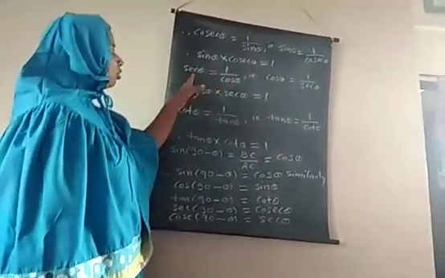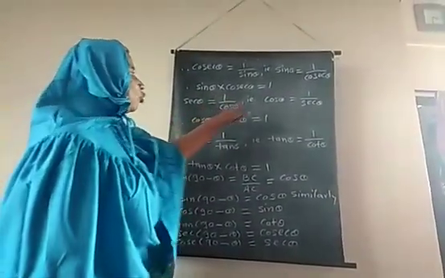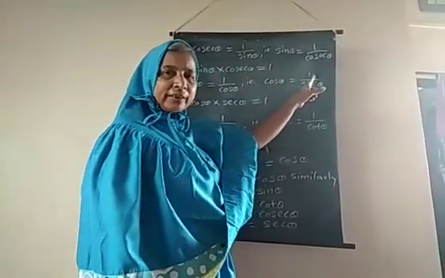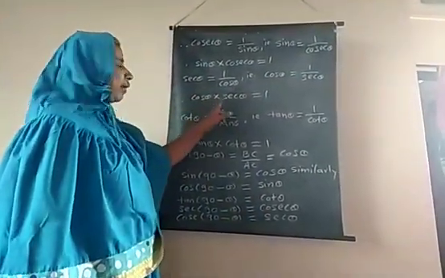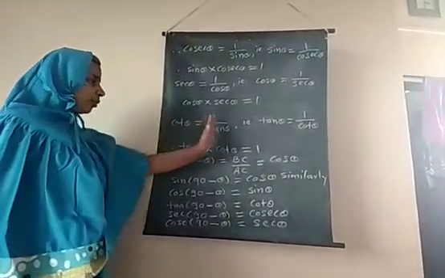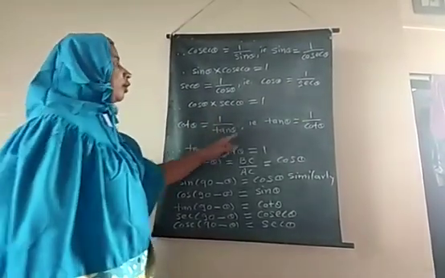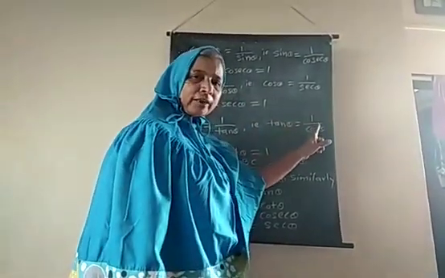Similarly, sec theta is the inverse of cos theta, that is, cos theta is the inverse of sec theta. Therefore cos theta multiplied by sec theta is equal to 1. Similarly, the third relation, cot theta is the inverse of tan theta, or tan theta is the inverse of cot theta.